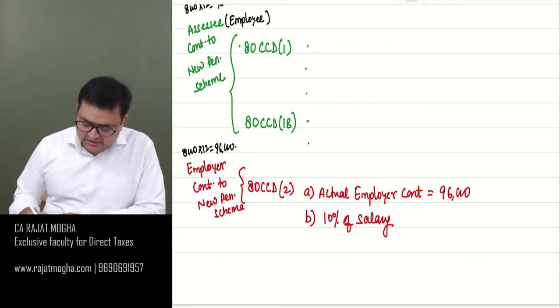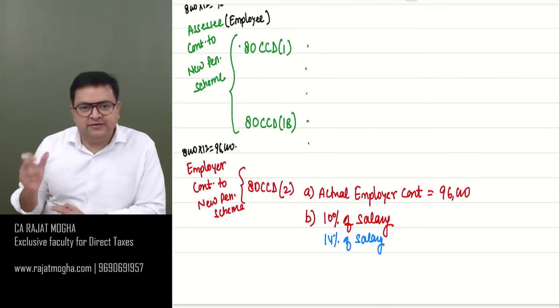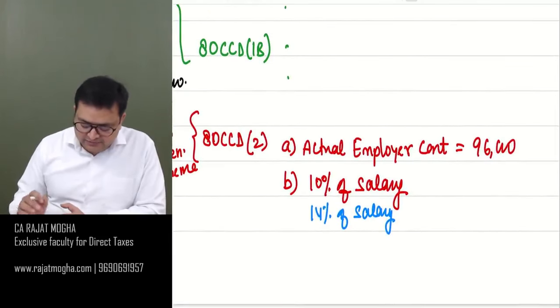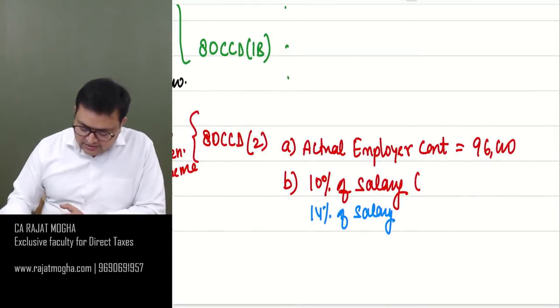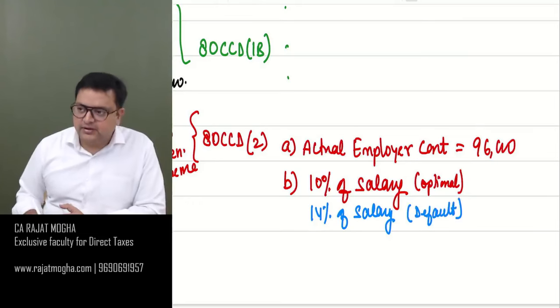In case you are following default regime, then it is 14% of salary, because this is available under default also and optional also. So if you are following optional regime, then take 10%. If you are following default regime, then take 14% of salary. Correct?